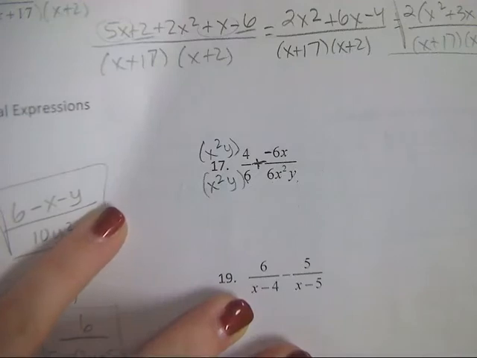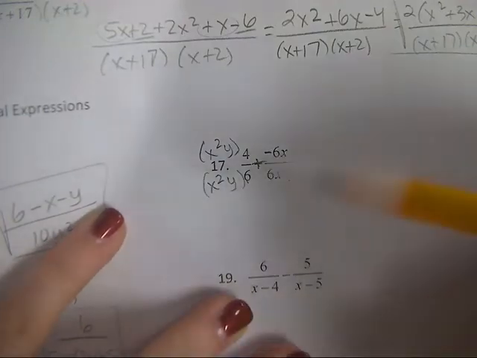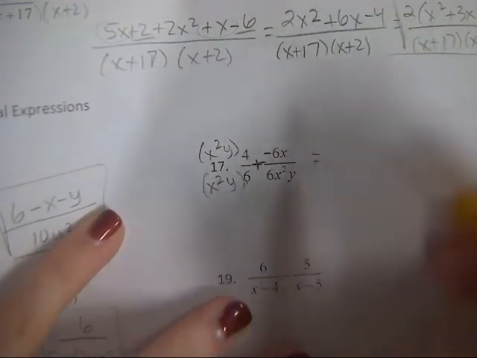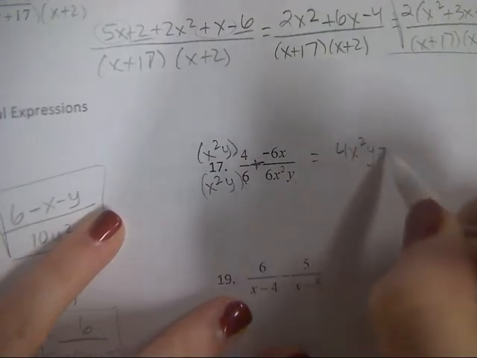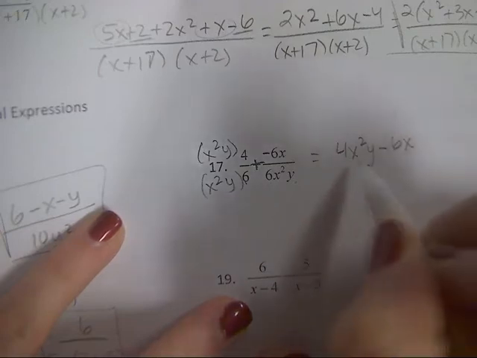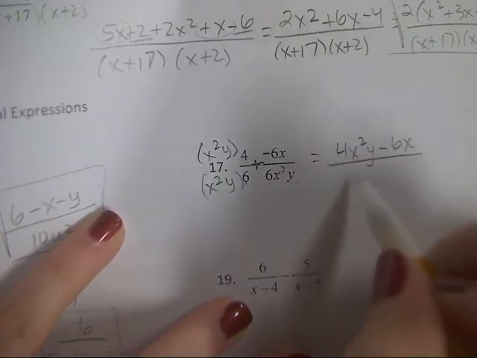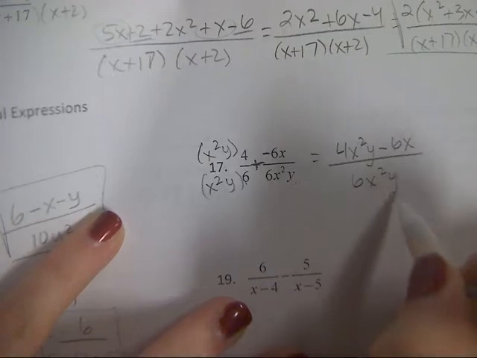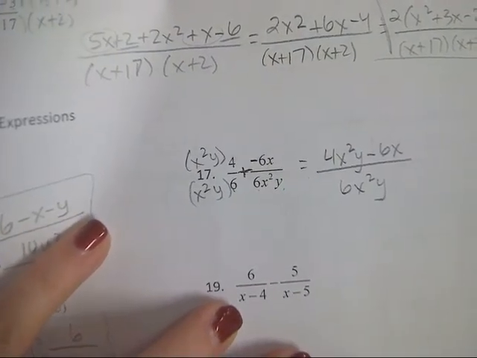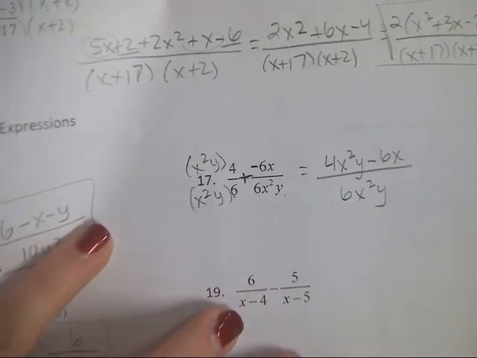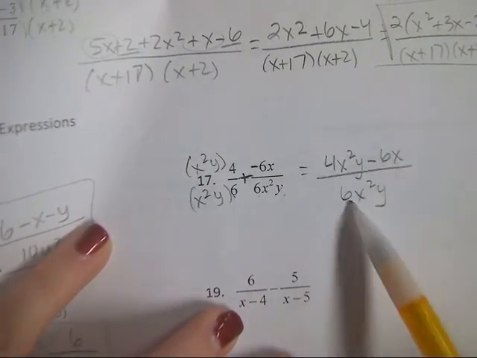Right? So now we're going to multiply that through. So we're going to have 4x squared y minus 6x all over 6x squared y. And the only thing I can think of to make this simpler is factor out a 2 from the 4, 6, and 6.